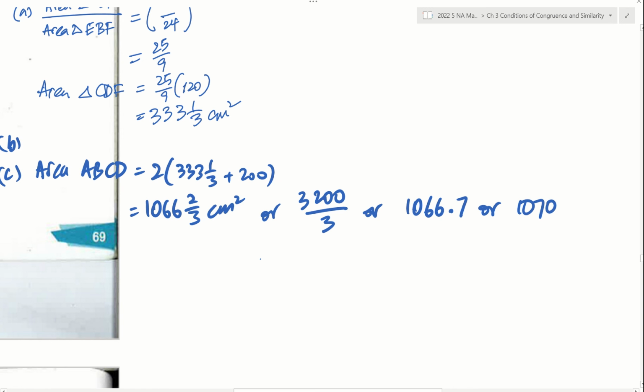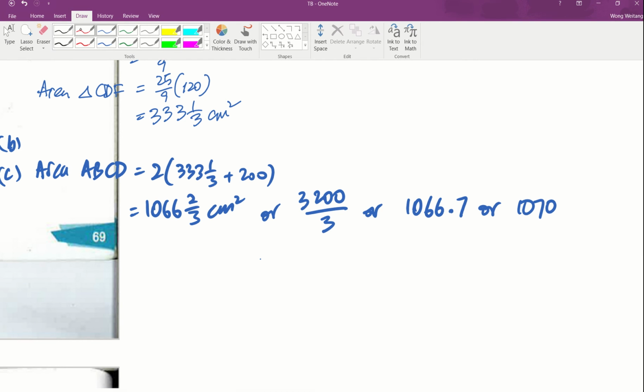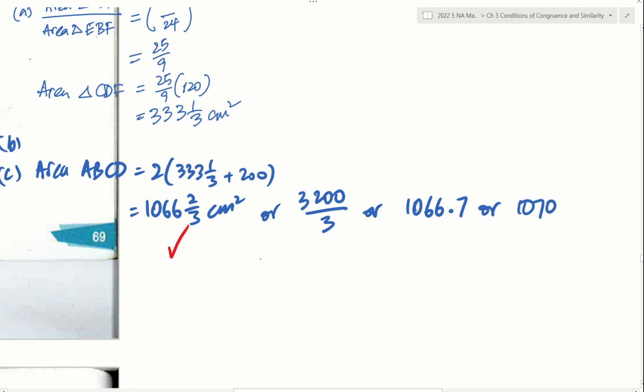Okay, so I've got 4 answers over here. I gave you the first answer, 1066 and 2/3. So confirm correct one. Now, how about the second one? Is it exact? Yes, right? It is. Can accept.